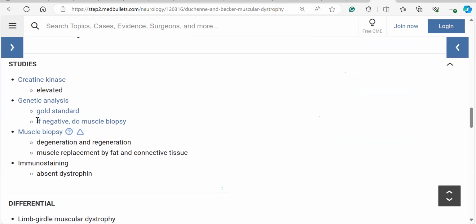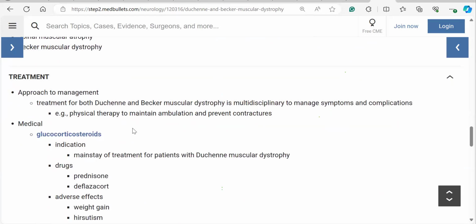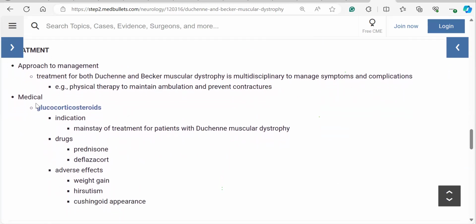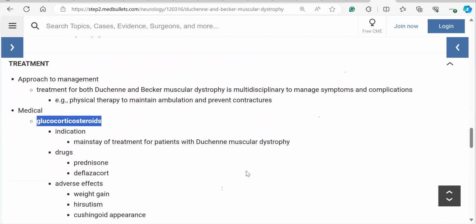Even with genetic analysis, if it is negative, the last option is muscle biopsy. Treatment in this case is steroids, which can be given as part of treatment, but basically it is a condition which is not curable.